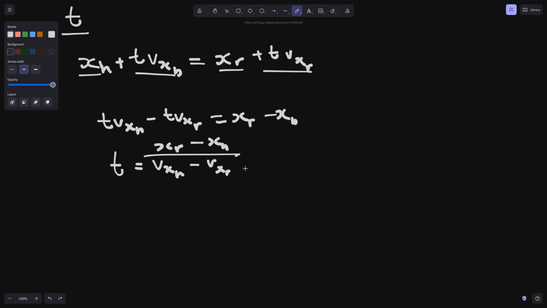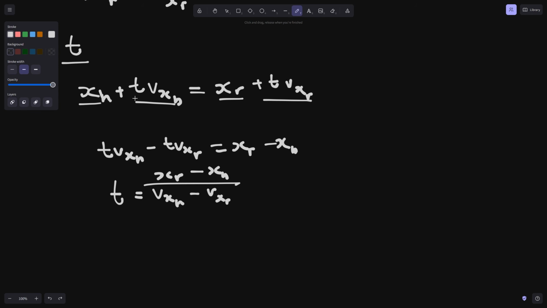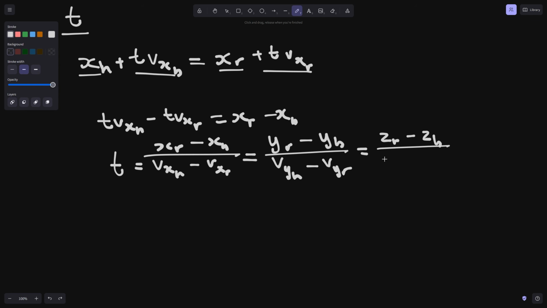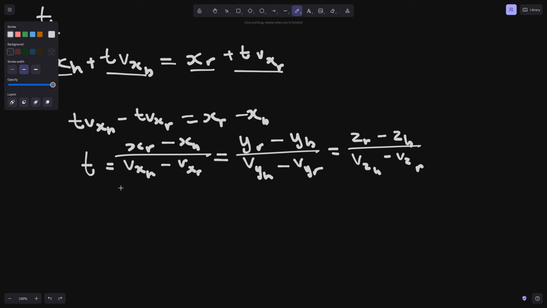And so we see that, of course, this has to be true for all of the other 3 coordinates as well, all of the other 2, I guess. And so this must also be the case for y. And it also must be the case for z. And so now we can stop caring about t.